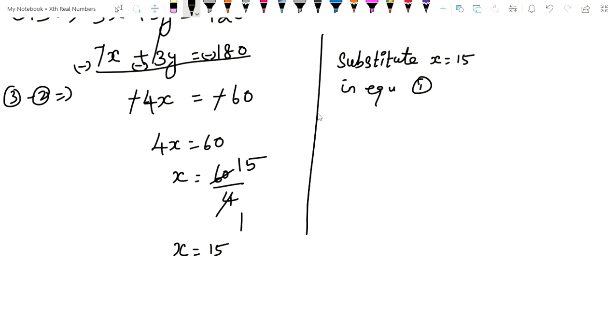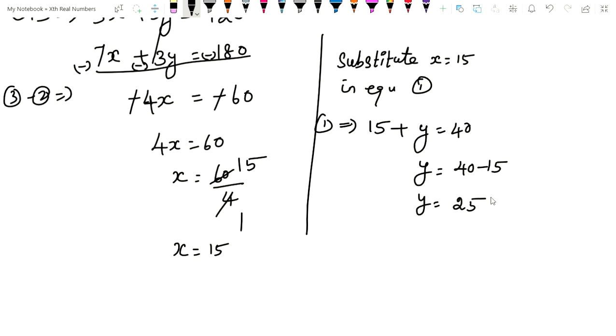So what is equation 1, children? x plus y equal to 40. So first equation implies x value 15 plus y equal to 40. y equal to 40 minus 15. So what you will get, children? y equal to 25.